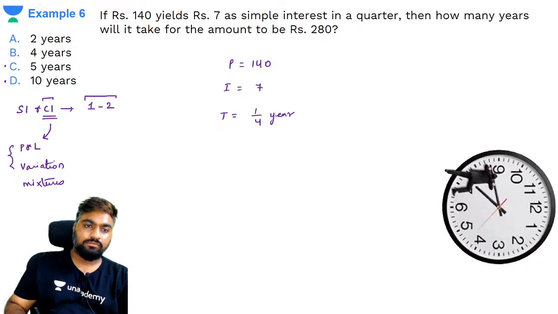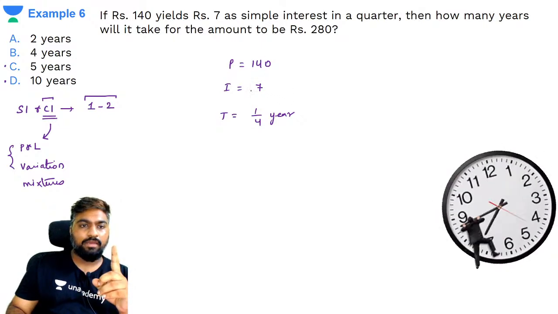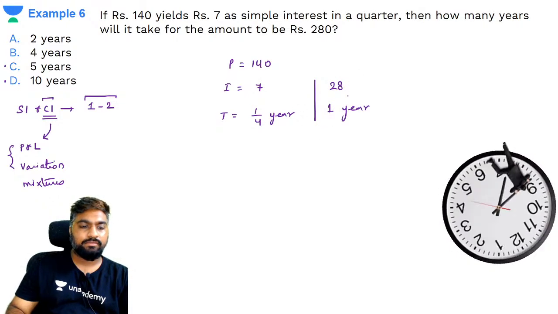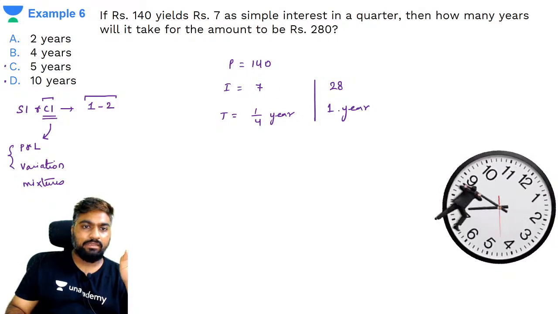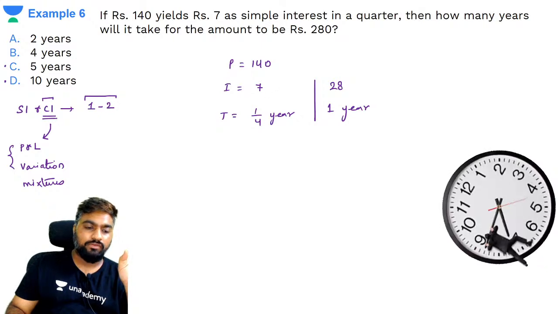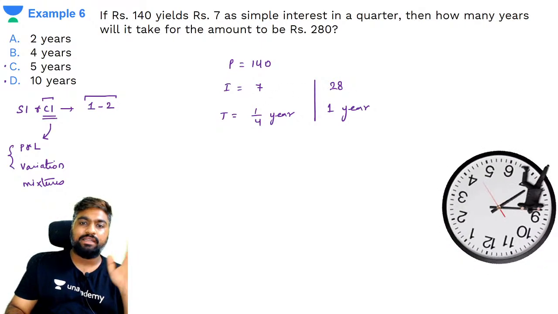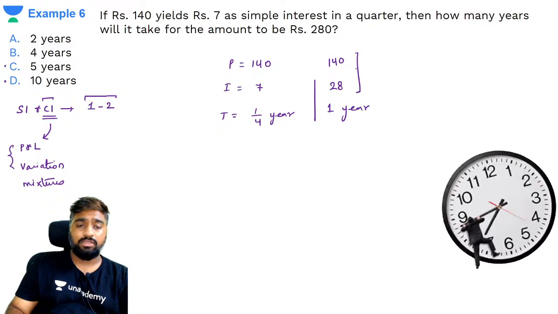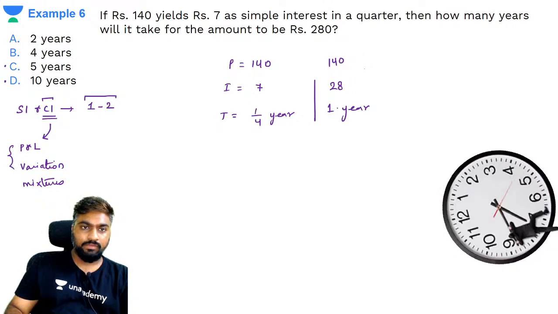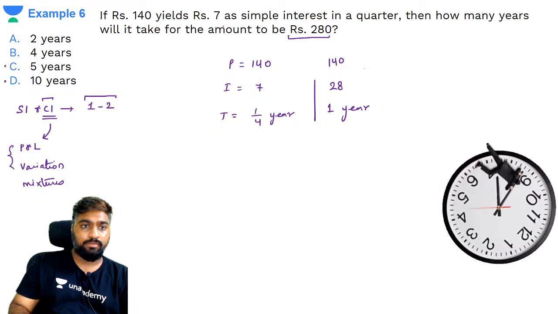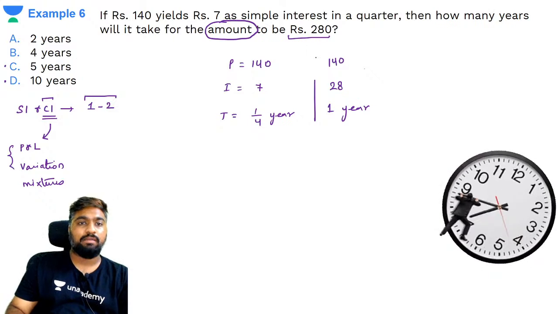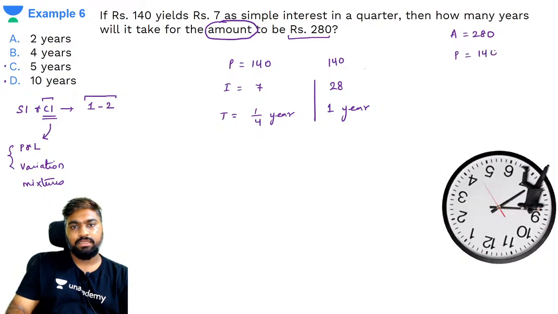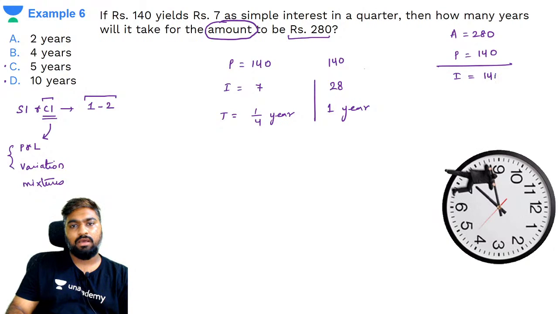Yes. तो अभी एक क्वार्टर में अगर 7 रुपीज आ रहा है तो एक साल में इन 1 ईयर हाउ मच वुड वी गेट? 28 रुपीज. एक क्वार्टर में अगर 7 रुपए आ रहे हैं तो एक साल में 28 रुपीज आएंगे इंटू 4, क्योंकि सिंपल इंटरेस्ट है ना. सिंपल इंटरेस्ट हर क्वार्टर में सेम ही रहेगा, राइट. तो 140 पर 1 ईयर में 28 रुपीज. हमें क्या चाहिए? अमाउंट शुड बिकम 280. If the amount is 280, principal is 140, तो interest amount कितना हुआ?